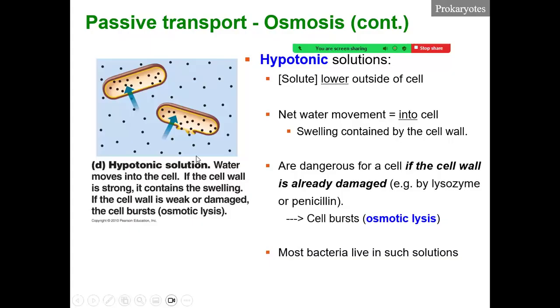Most bacteria live in a hypotonic solution, and that's why they require the cell wall to survive. And that's like obviously most bacteria causing a human infection. The bacteria are not in an isotonic solution, they're in a hypotonic solution, and that's why penicillin G can work, killing the bacteria. Any question about any of that?